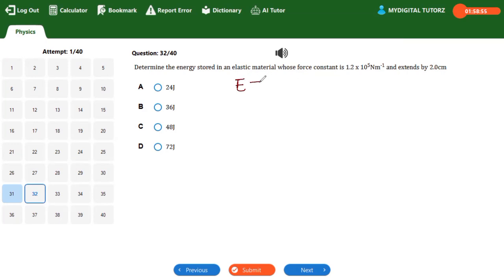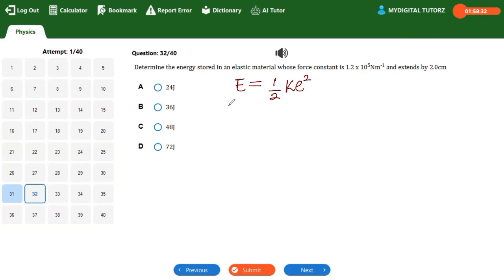Energy stored is equal to half Ke squared when your force constant is given to you. And remember, this force constant, they can call it elastic constant, they can call it force constant, they can call it stiffness constant. You understand? So don't be confused. So this is the energy stored, half Ke squared.